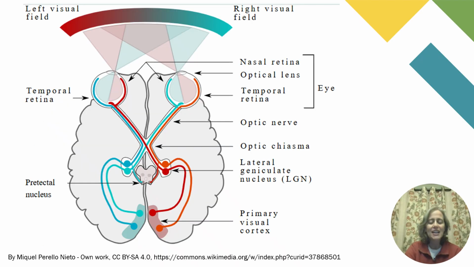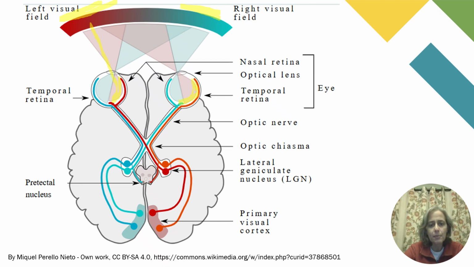So this is our review slide because it was too hard to write out. We're imagining that the entire right side of our visual field is blue and the entire left side is red in this particular example. So the red is hitting this side of this retina and this side of this retina.